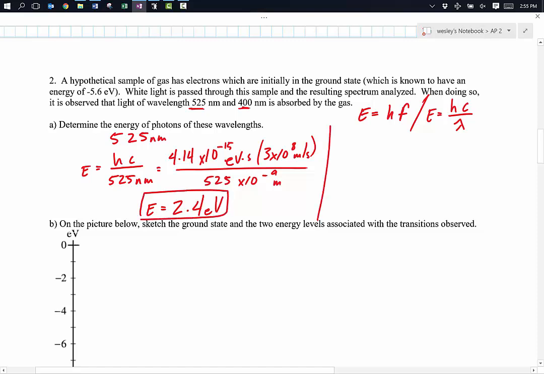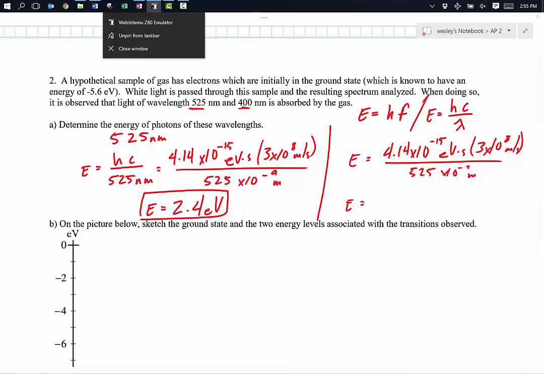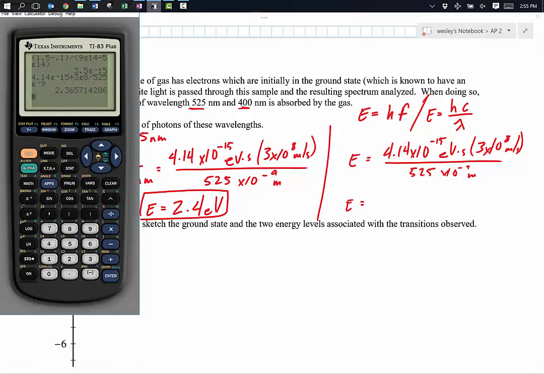For the next one, everything is the exact same. 4.14 times 10 to the negative 15th electron volt seconds times 3 times 10 to the 8th meters per second divided by 525 times 10 to the negative 9th meters. When we calculate that, what we can do is hit second enter, and we can go back and change that wavelength.